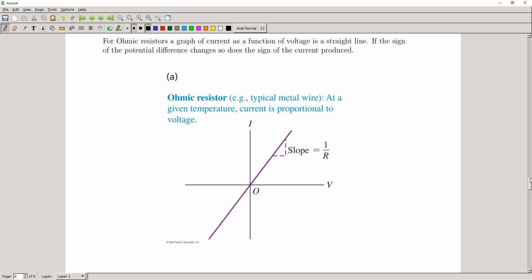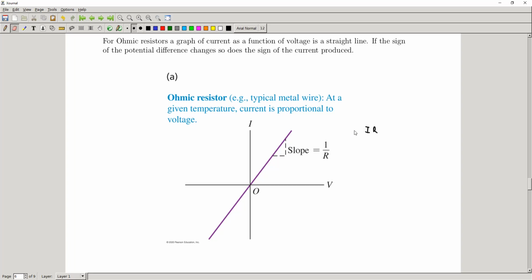We can see that as our potential difference gets increasingly positive, we have an increasingly positive current, and as our potential difference is negative, we have a negative current, and it's linear. We can see the slope is 1 over R here from our Ohm's law, V equals IR, right? We can see that would be our slope.